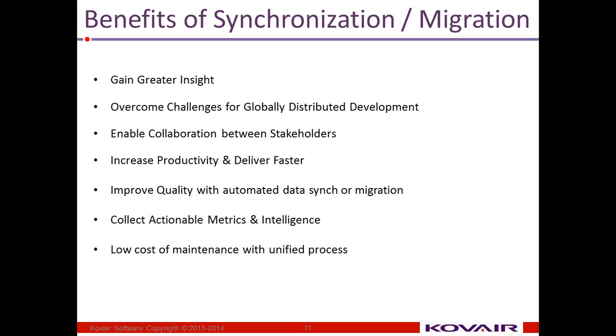Migration or synchronization gives answer to this question. The fourth one, improve quality with automated data sync and migration. Shorter development cycles and quicker software delivery decrease the interstage transition time. So that's how you can improve quality.